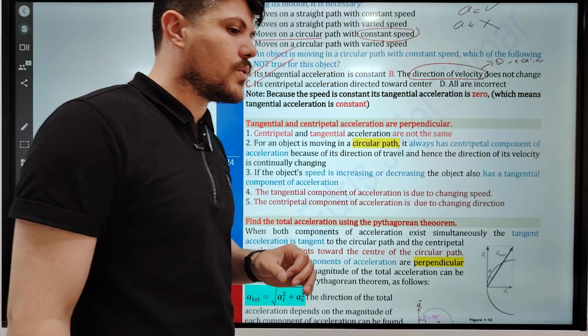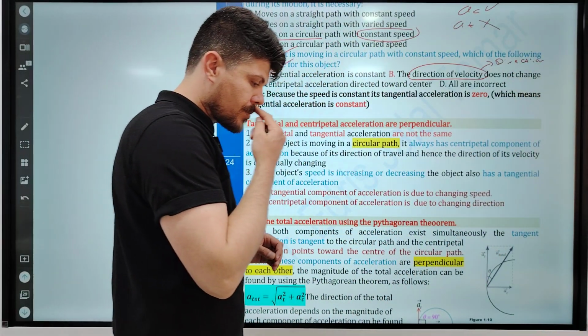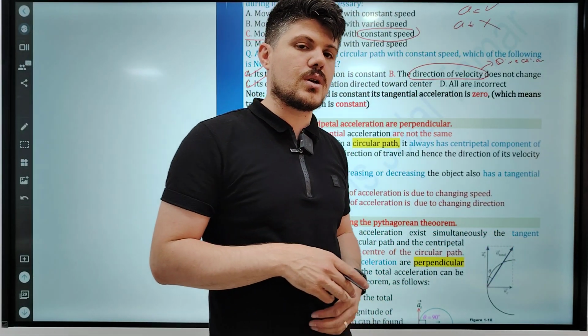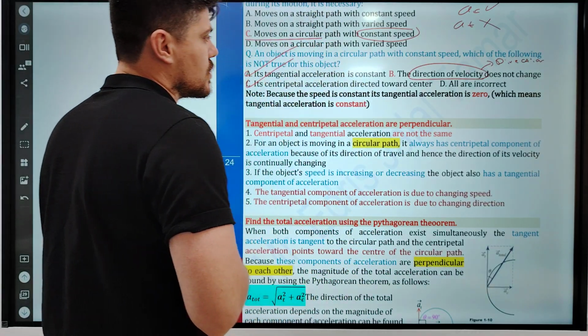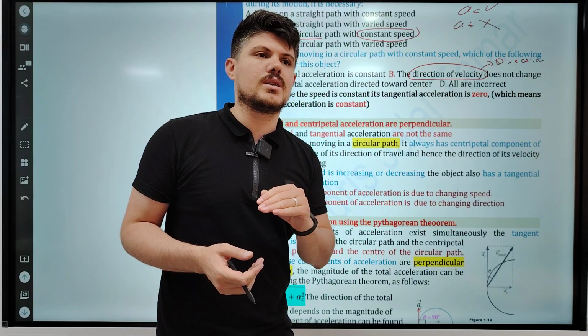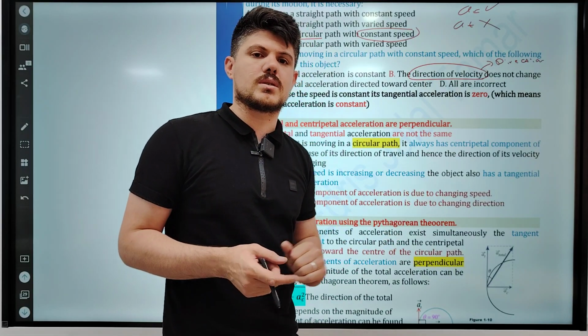Okay? As I mentioned before at the beginning of this lesson, velocity has both magnitude and direction. By changing the direction, the velocity also changes. We cannot say constant. When is velocity constant? When the object is moving on a straight path at constant velocity.